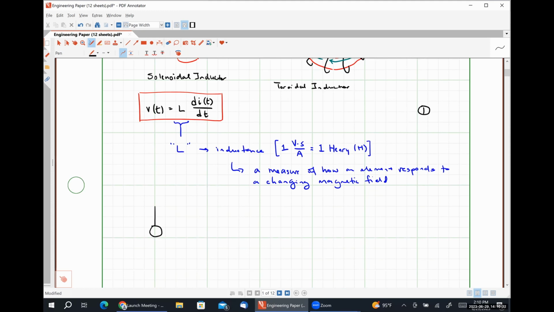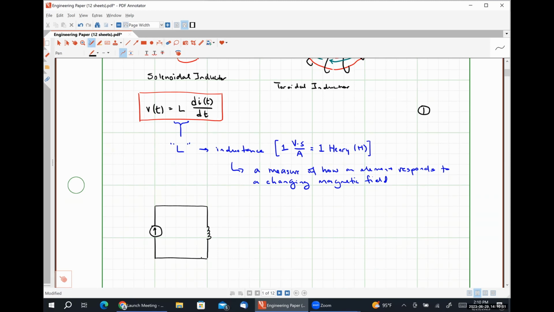Let's say that I have a current source connected to an inductor. The schematic symbol for the inductor I've drawn here on the right-hand side is simply a coil.